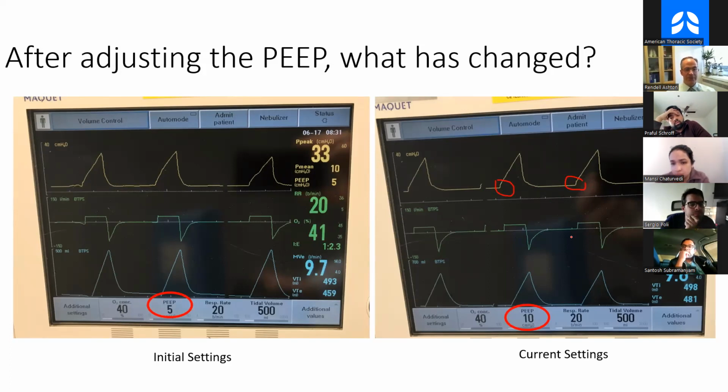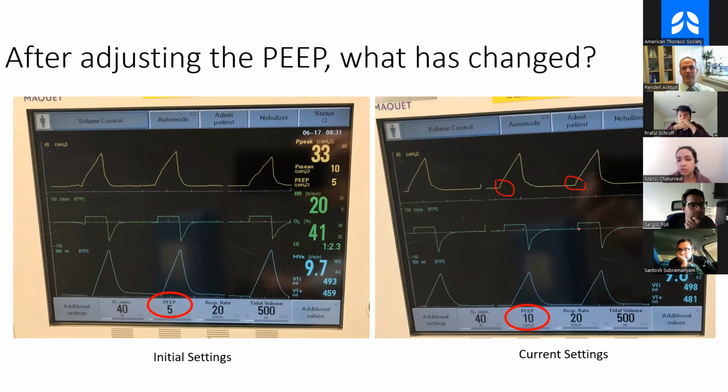Remember the equation of motion? Two components combine to give you this pressure. Okay, actually 3, right? Because you've got the PEEP right here. Then you've got this component and then this component. This is the flow resistance component right here. And this is the volume compliance or volume elastance component, okay?